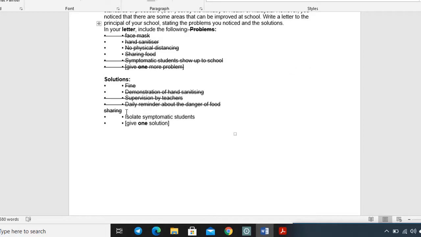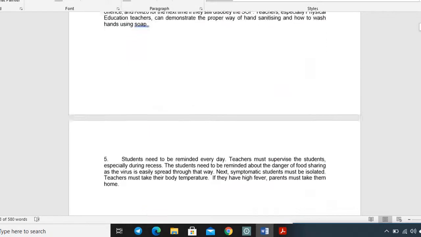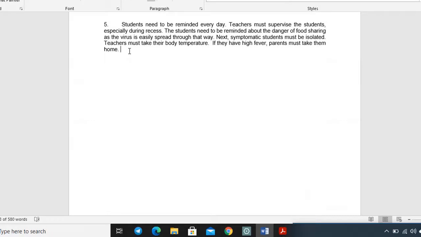Okay, isolate symptomatic students. Okay, the next one is to give another solution. So what is the solution that you can think of? Let's think. Okay, so this is another solution. Finally, the school should provide each student with a face mask and pocket-sized hand sanitizer.